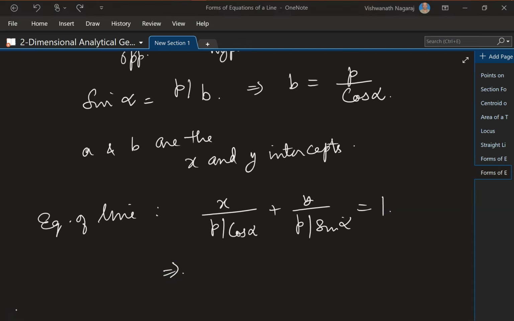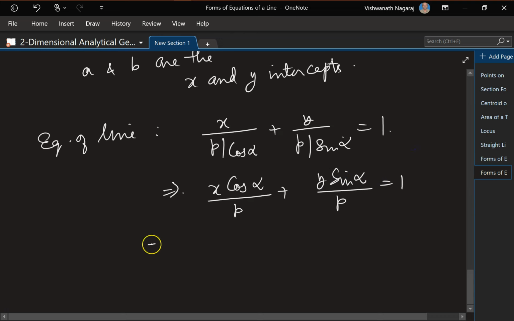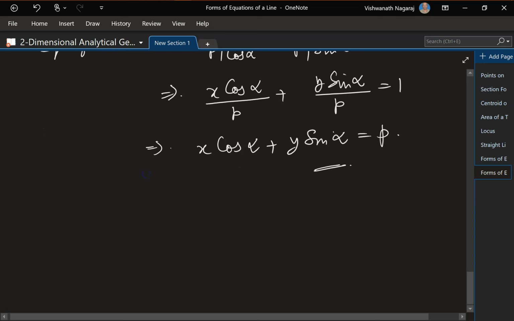Now this can be rewritten taking cos alpha up: x cos alpha by p plus y sine alpha by p equal to 1. If we take the LCM and take the denominator to the other side, it becomes x cos alpha plus y sine alpha is equal to p. So this is the equation of the line in normal form.